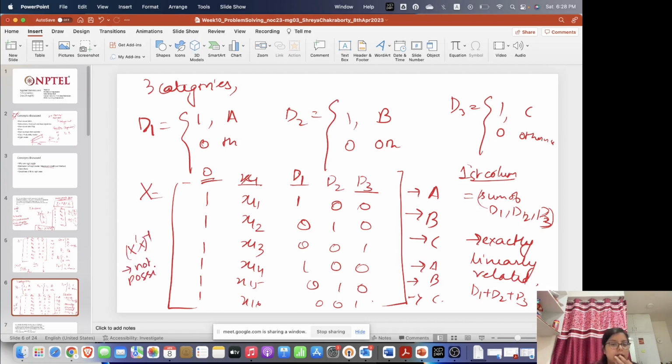The unique x prime x inverse is not possible, because the rank of x will be less than p. So that is why for n number of categories, we should have n minus 1 number of dummies, so as to avoid this rank problem, so that x prime x inverse exists, there is no multicollinearity, and we can go ahead with the OLS estimation of the data.